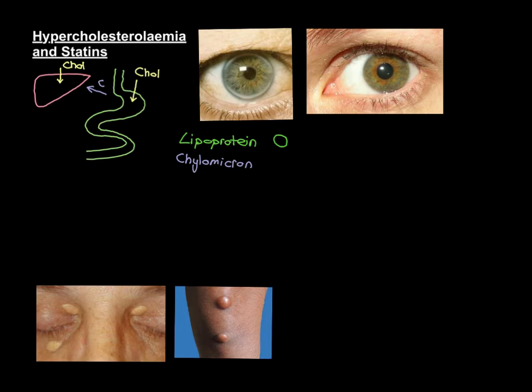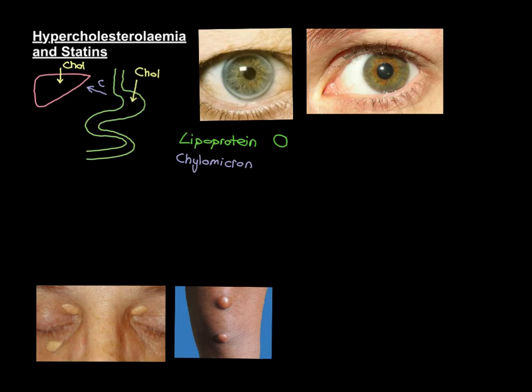They're synthesized within those cells and then they're released into the bloodstream. And they circulate through the portal venous system to the liver, and they're then going to get to the hepatocytes, where the hepatocytes are going to take the lipids from the chylomicrons. In particular, in our story, they're going to take the cholesterol from the chylomicrons. So this is how we deliver our cholesterol from the gastrointestinal tract to the liver.